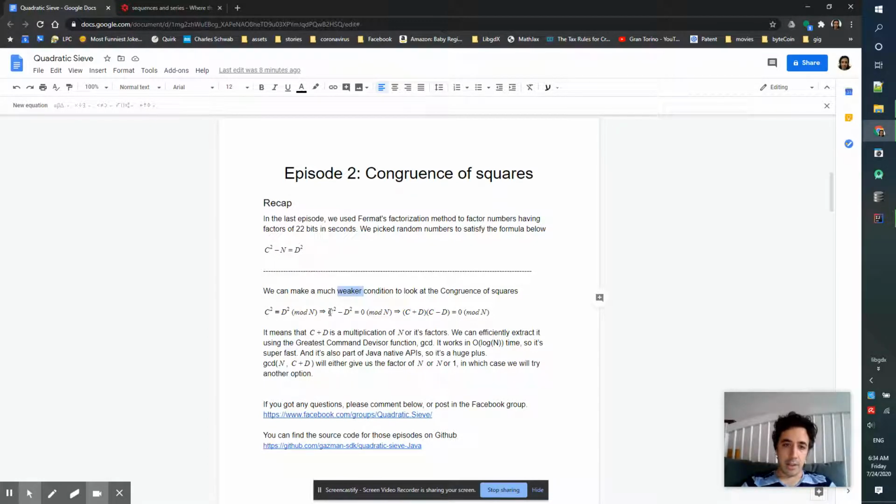It can be translated into c square minus d square equals 0, and that means that c plus d is a divisor of n. It means that either c plus d is a factor of n, or it could be trivial, like n or 1. What we are going to do is to search for those values. So let's start.